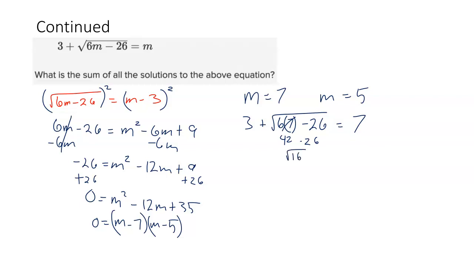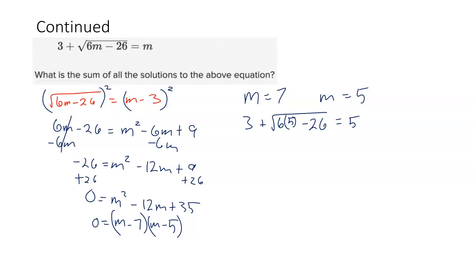What's the square root of 16? Does that equal 7? Yeah. Okay, so far, so good. All right, let's check out. 7 works. Let's replace the 7 with a 5.